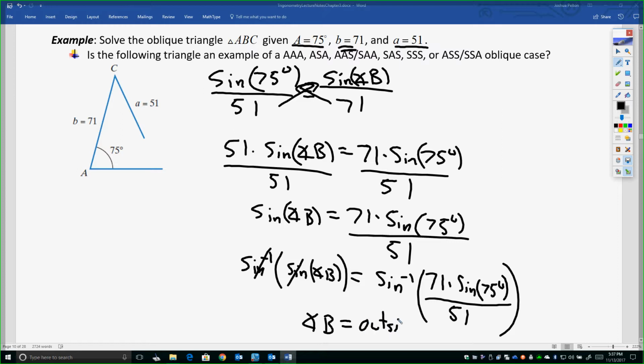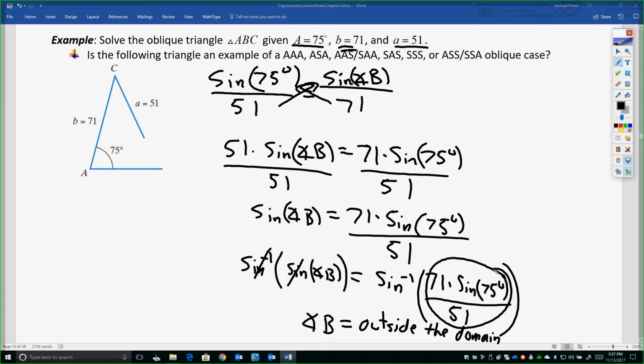You'll put that in your calculator, and you'll get outside the domain, or some similar error. The reason is that this value is greater than 1. Just think about the possible values of sine: they have to be between 1 and negative 1.